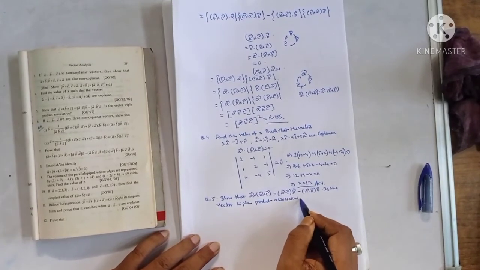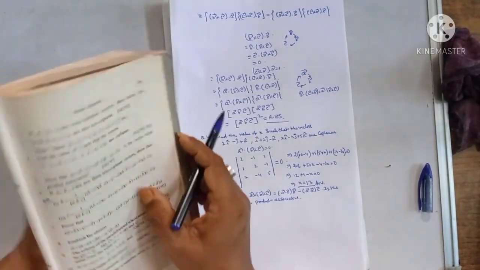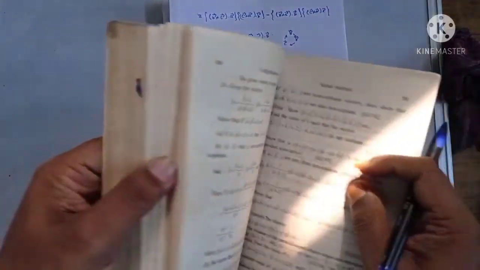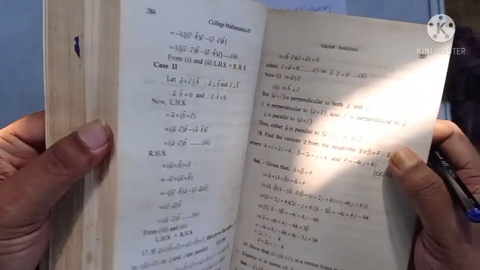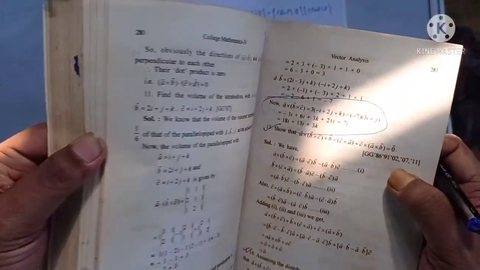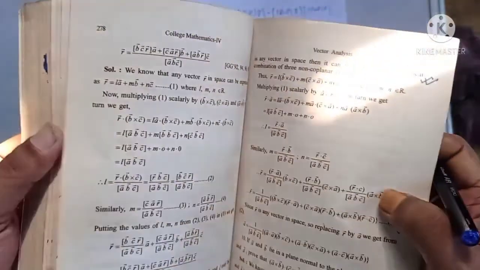So here you see this question number 5. Question number 5, it is done in your book. You can see that question number 5.